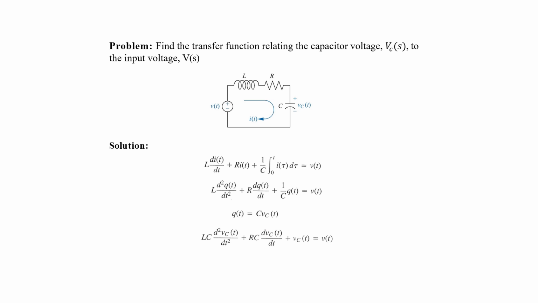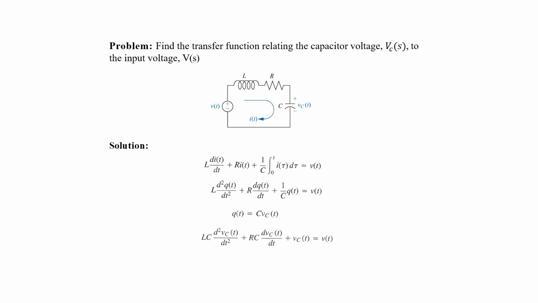So in the current problem, we are given a series RLC circuit, and we have to find its transfer function, where the input to the system is the applied voltage v of t, and the output of the system is the voltage across the capacitor.